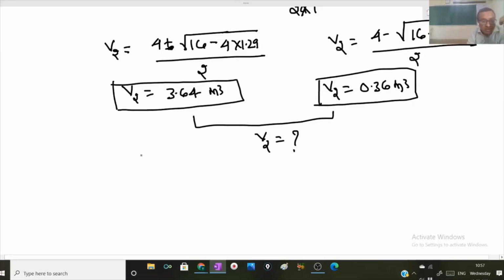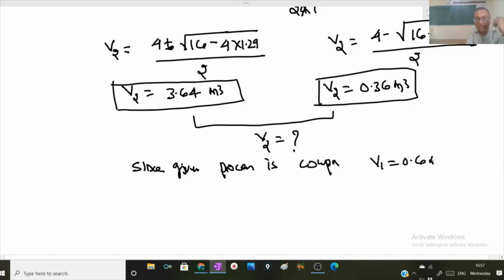Okay. And in compression process, initial volume is 0.6 meter cube, and in compression process volume decreases. So final volume cannot be 3.64 meter cube. Volume will decrease, that means final volume will be lesser than 0.6. It is only possible when V2 value is 0.36 meter cube.